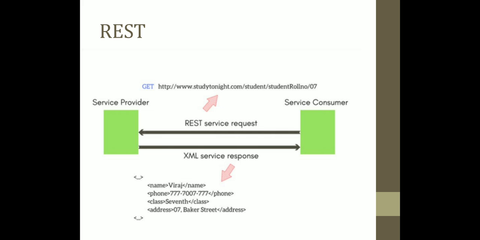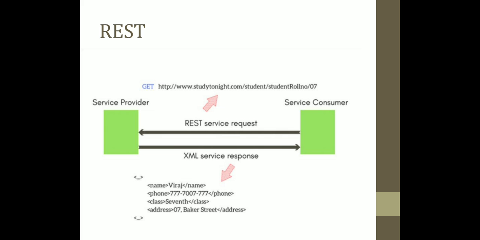You can see there are again the same service provider and service consumer. So the service consumer will send the REST service request, okay, and it will send the URL with the GET method.